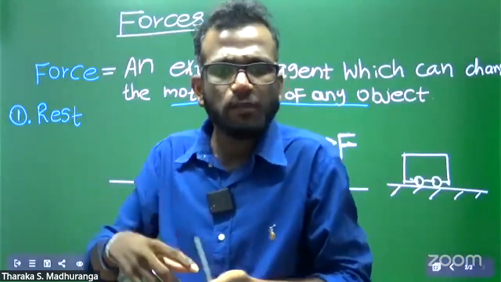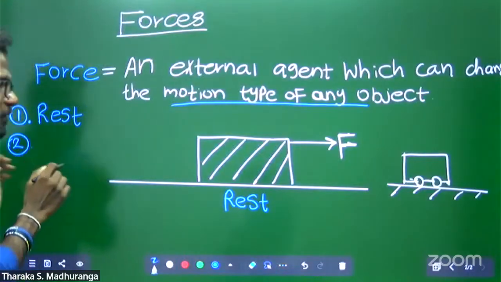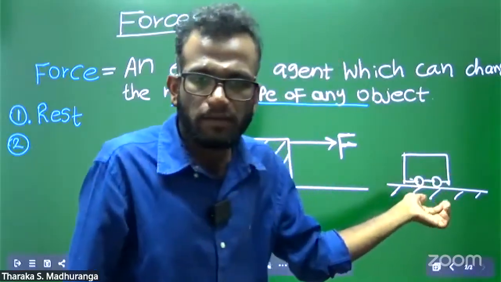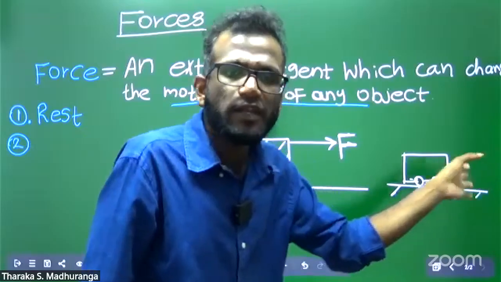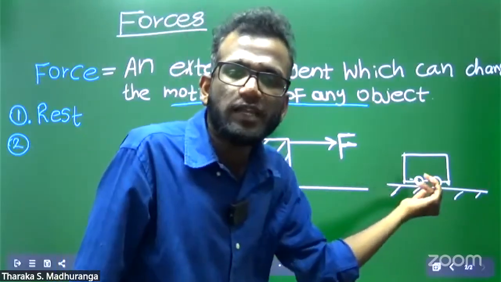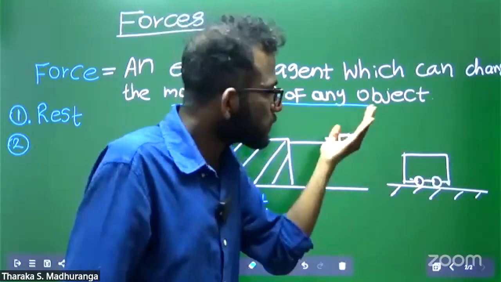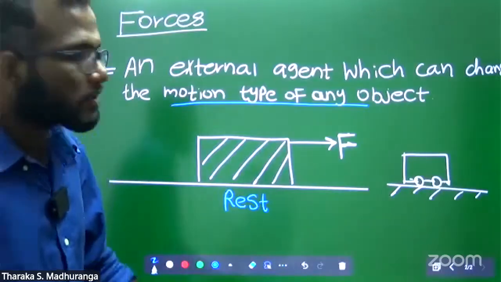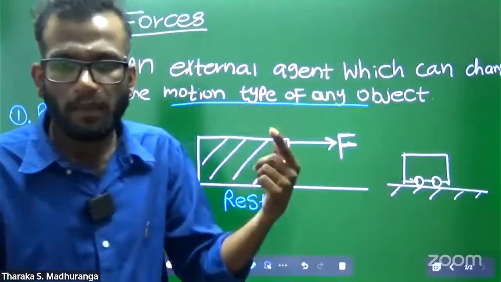What are the other motion types? Then the bus starts and tries to move. The bus speed gradually increases with time. What's the name?